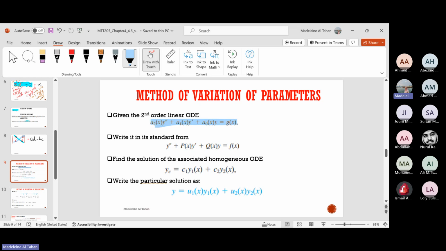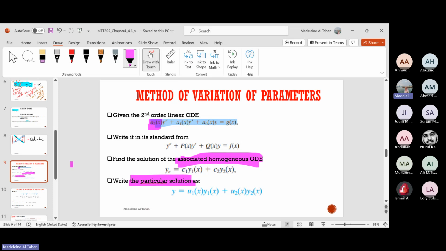When we say standard form, it means that what we have before y double prime, we need to get rid of. How do we get rid of this element, miss? Divide by 2. We will solve the homogeneous ordinary differential equation, and then we will find the particular solution.